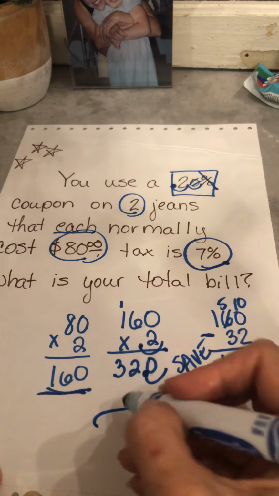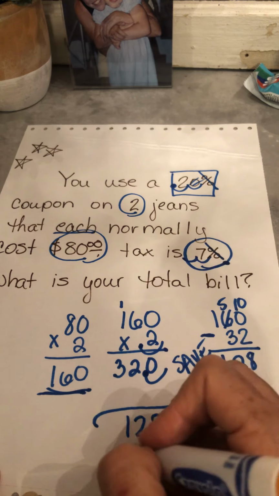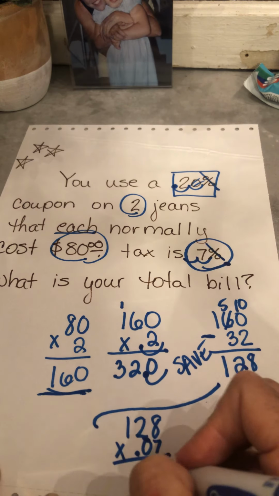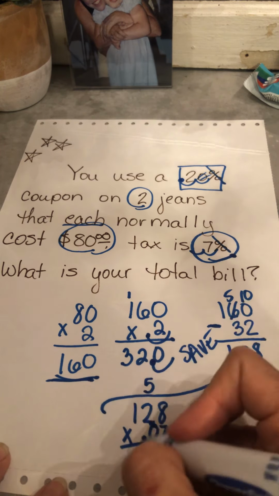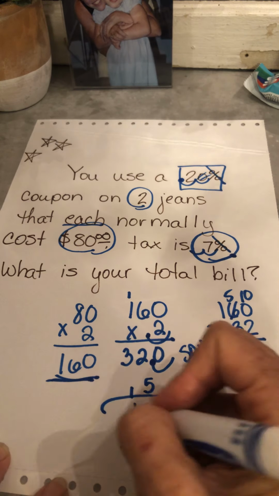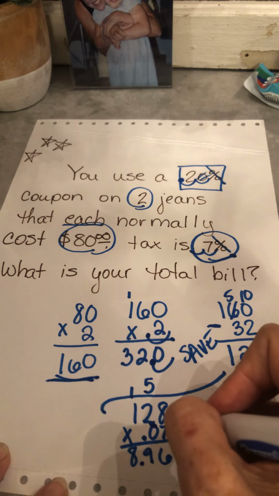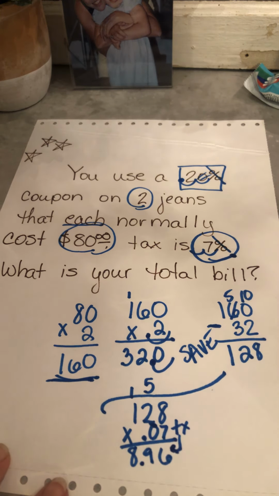So I take the 128, get rid of my percent sign, move it. I times it by 0.07, 56, carry my 5, 14, 19, 1, 7, 8. Put my decimal. This is my tax right here. $8.96, and what do we know about tax?